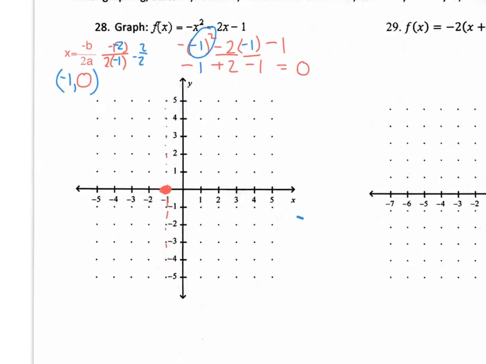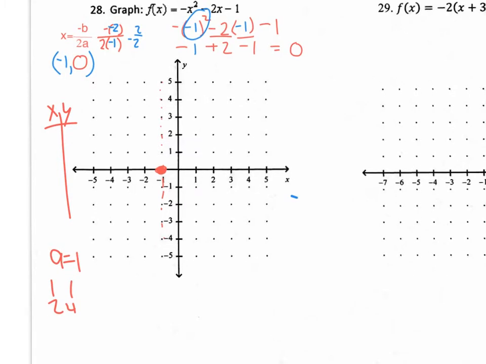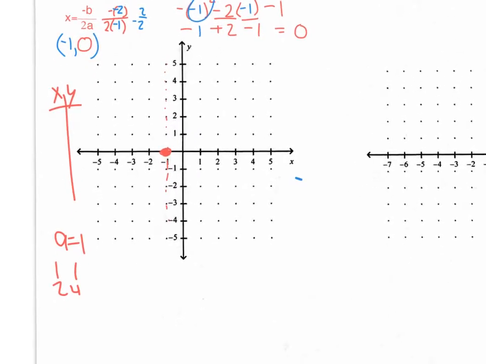I want to graph it, but before I graph it, I need to understand that I either need more coordinates by using an XY table, or I could use the pattern if I know the pattern of A. And in this case, the A value is negative 1, so it's really easy because the A value of 1, whether it's positive or negative, has the pattern 1, 1, 2, 4, 3, 9.